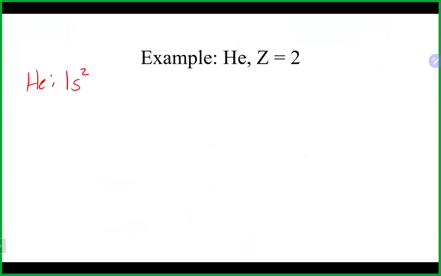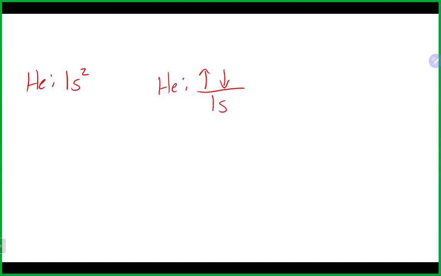And again, if we were drawing our orbital diagram, we'll have a 1s orbital, first electron up, second electron down. At this point, we cannot put any more electrons in there, right?